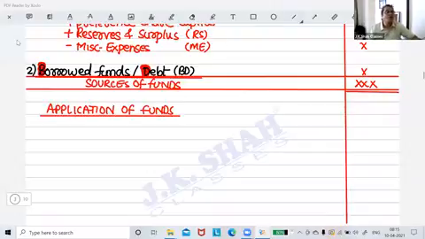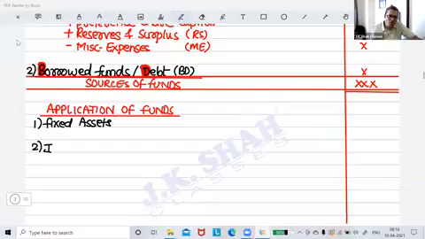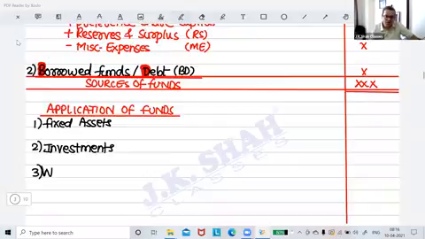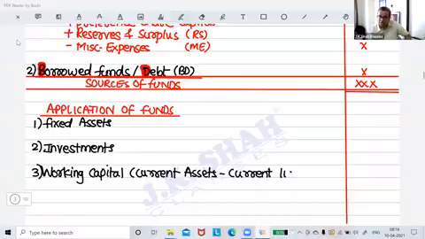As I told you, where will you use those funds? So the first thing you will buy what? You will buy fixed assets. Okay. Then you may do some investments. And obviously, you need to put your money also in what? Working capital, which is nothing but what? Current assets minus current liabilities.